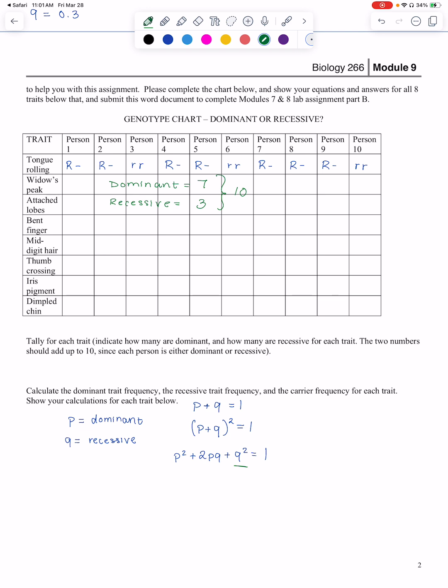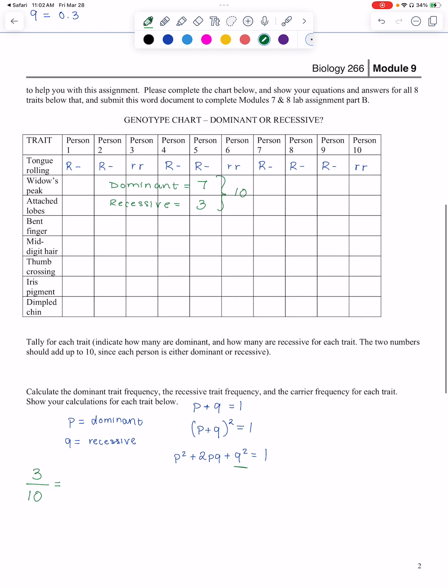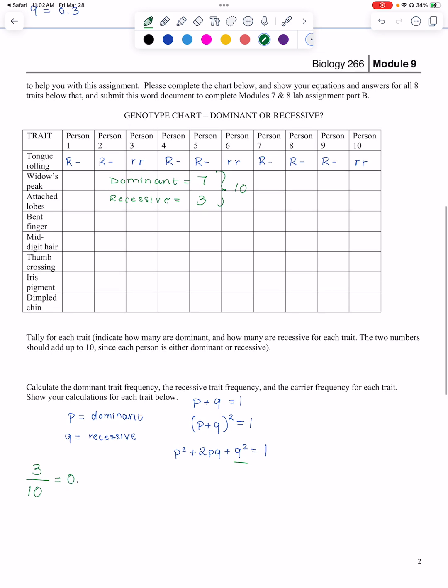And I know that there are 3 recessive individuals over a total of 10, which is the number that I gathered, which is going to be equal to 30%, or another way to say that is 0.3. Now, this number right here is in fact our q squared number.